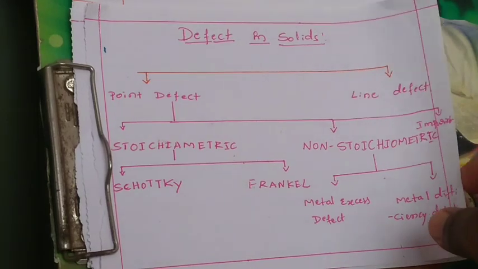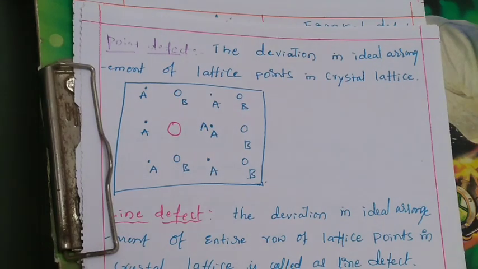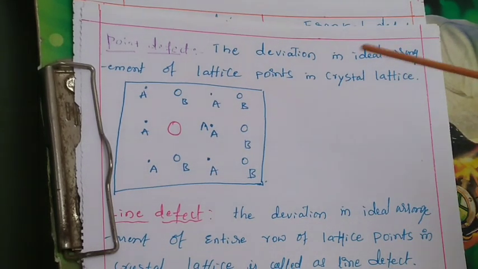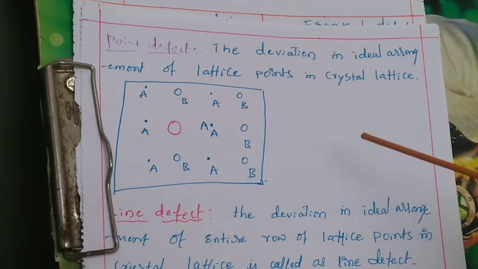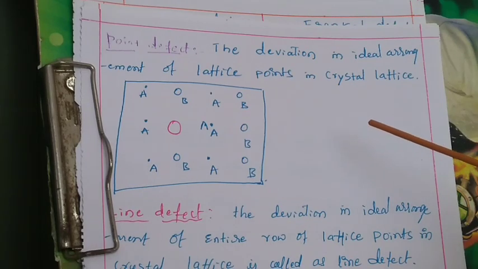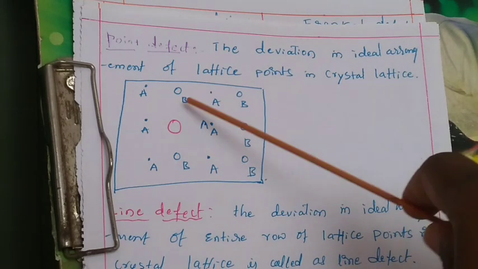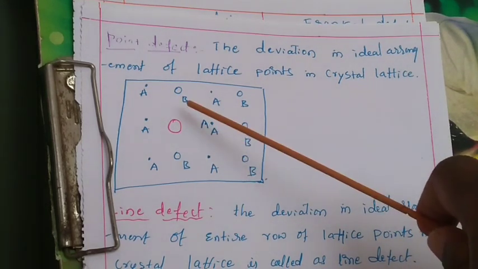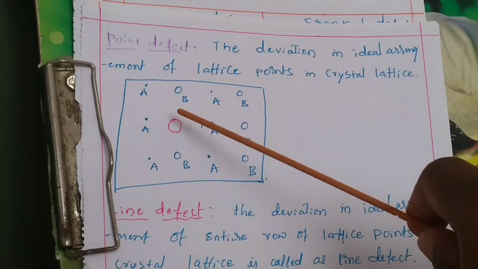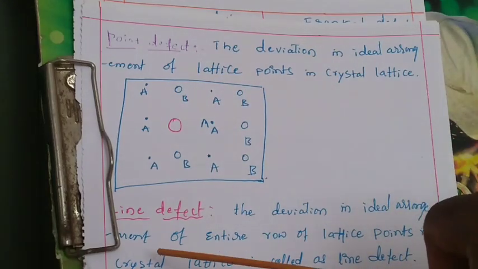The point defect and the line defect are defined as follows. The deviation in the ideal arrangement of lattice points around the given lattice point is called as point defect. That is, this should be the ideal arrangement of lattice points of that crystal lattice. Here there is an empty space, therefore this defect is called as point defect.